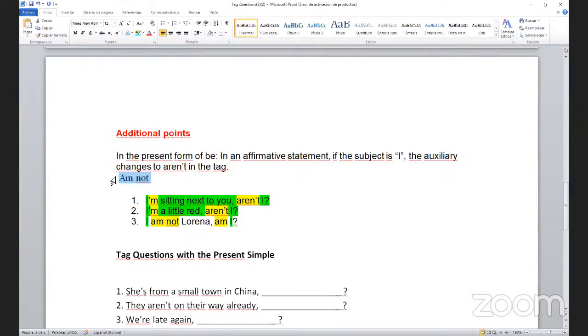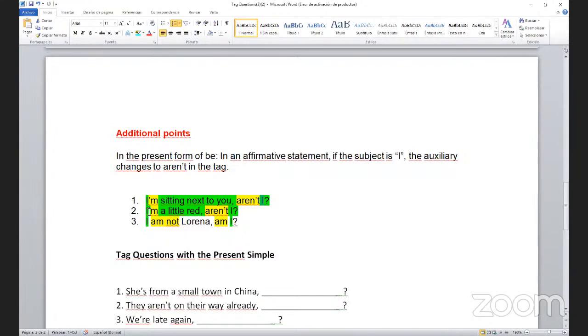No. As we don't have contraction, this is our special case where we use aren't. So, I'm sitting next to you, aren't I? Aren't works with the same subject, I. But this is just for negative tag questions with am.